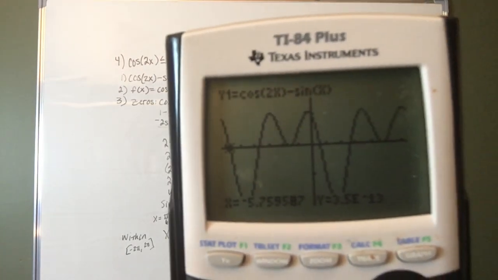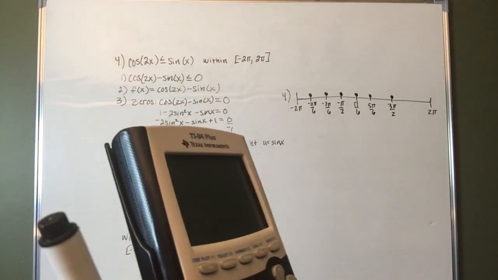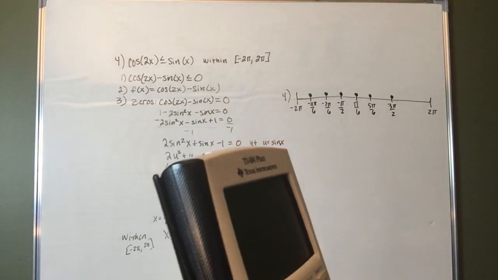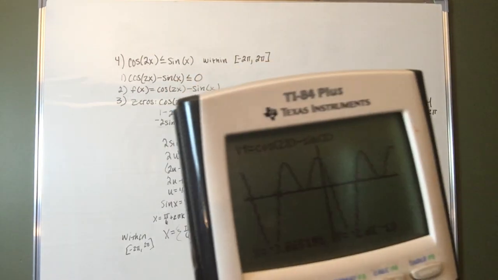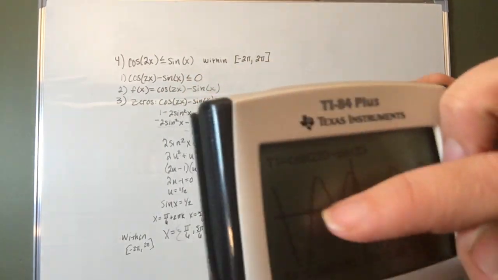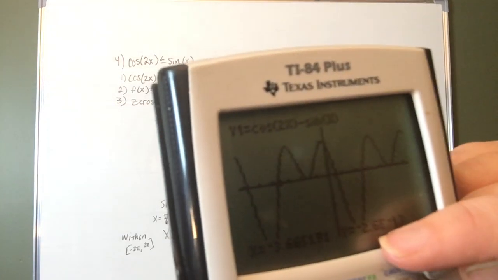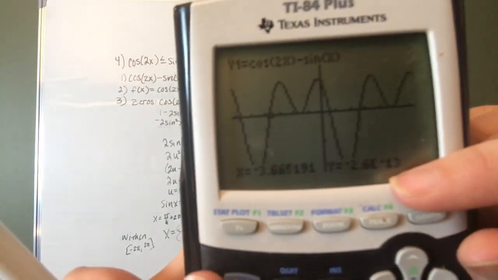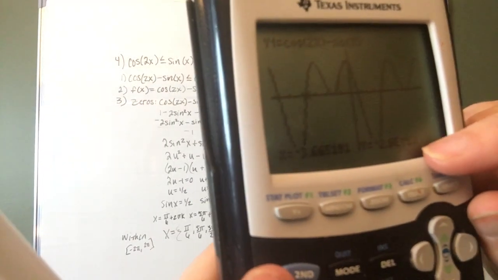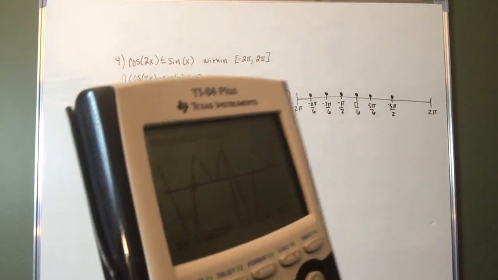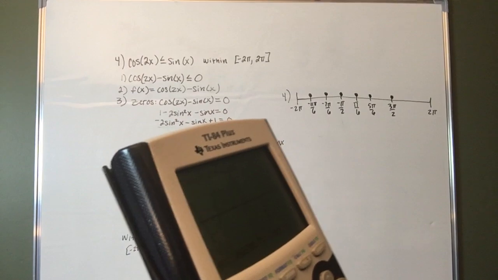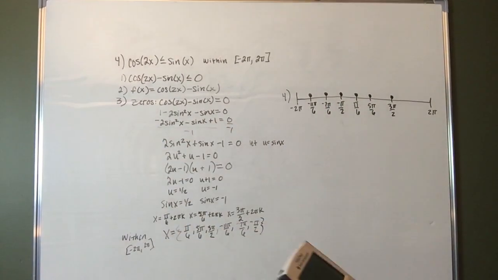Yes. -7 pi over 6 should be the second spot where it's crossing. Yes, it is showing it as an x-intercept. The calculator should be saying 0 right there, but it's messing up. See, it says e negative 13, which means times 10 to the negative 13th. So it's just slightly off. And so yes, it seems like we did this correctly.